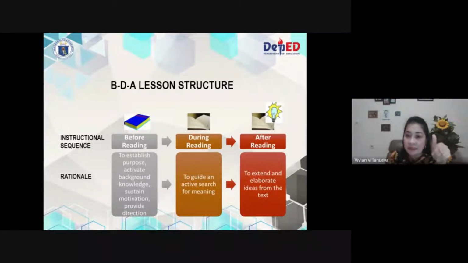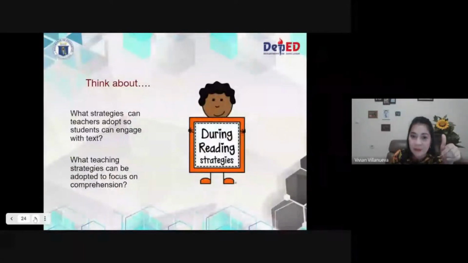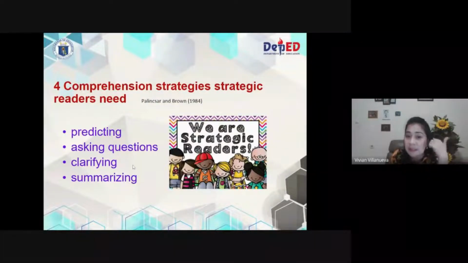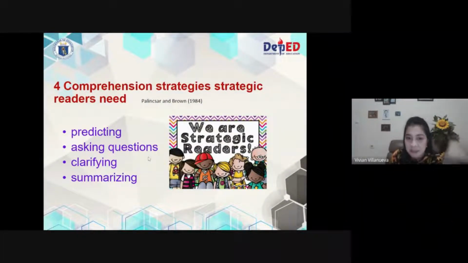In one way or another, we've been using some of these strategies, just like what I told you a while ago. What are some strategies that we can do during reading? I'm sure you've done predicting, asking questions, clarifying, summarizing.